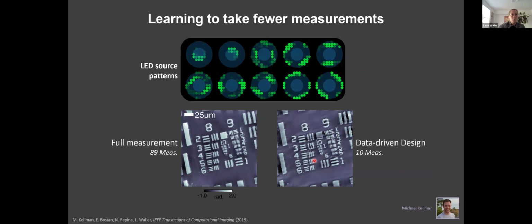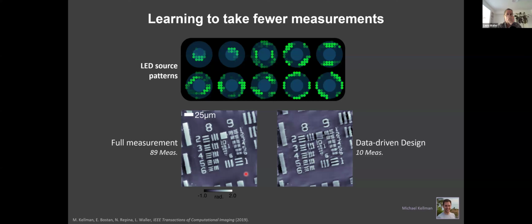But then we got more sophisticated. I said that machine learning is really taking over in computational imaging, and we're getting really good at this end-to-end learning, trying to optimize the hardware as well as the software. So then we had the machine learning figure out the ideal LED source patterns. So if we take 1 LED at a time, we have 89 measurements.